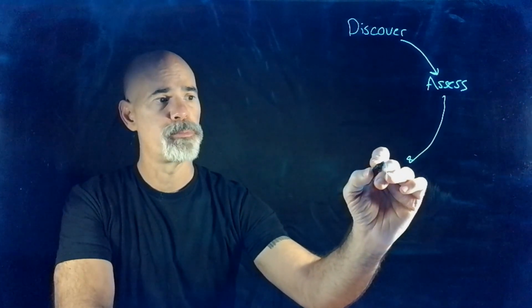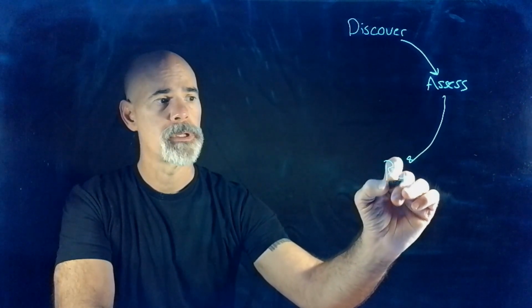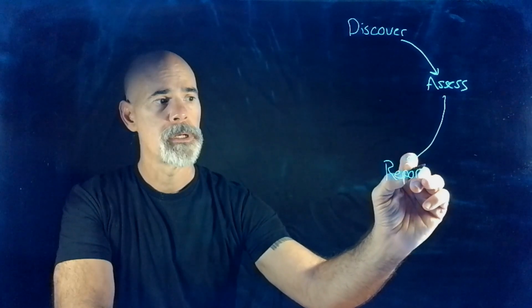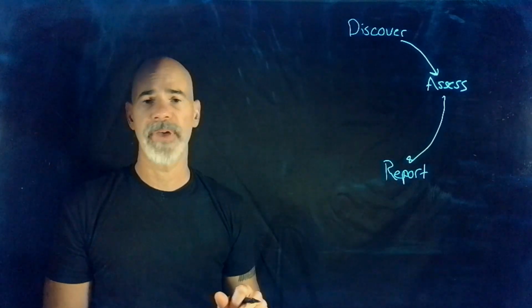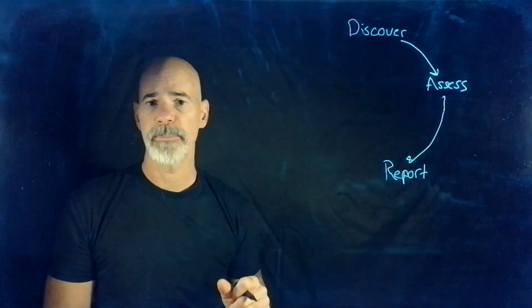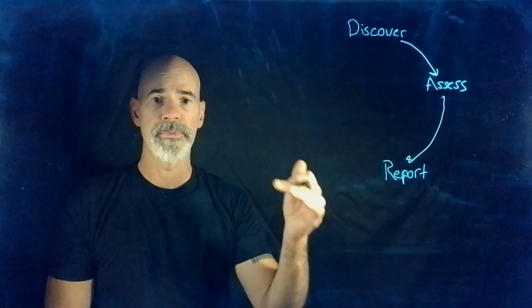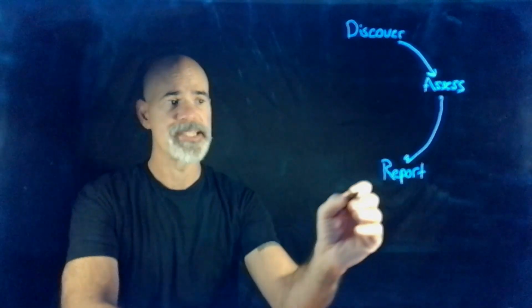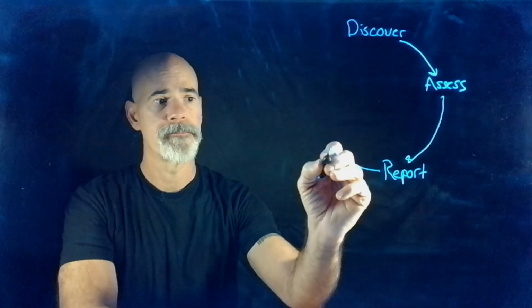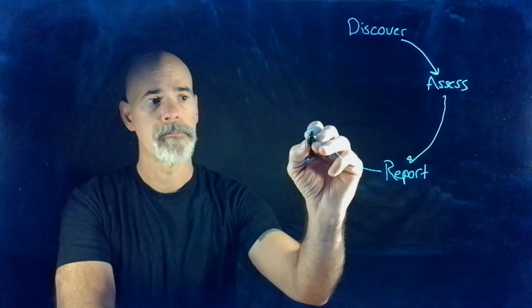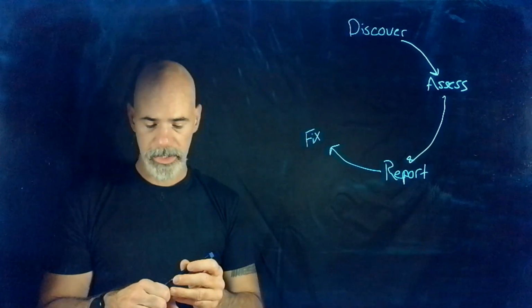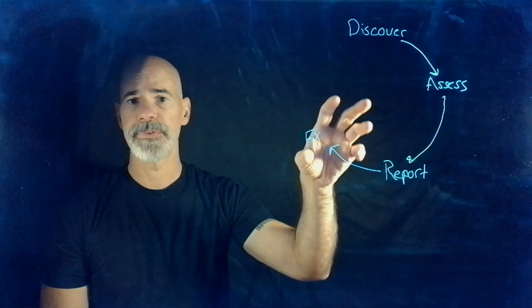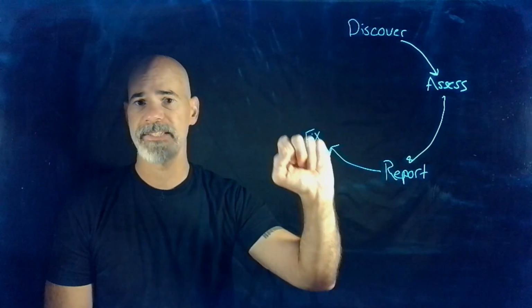You then want to report out on that. Make sure that the information that you found, the vulnerabilities that you found in your assets, get to the right people so that you can move to the next phase, which is basically remediate. So you've reported on what's been found, the issues through your scans of the assets that you have.